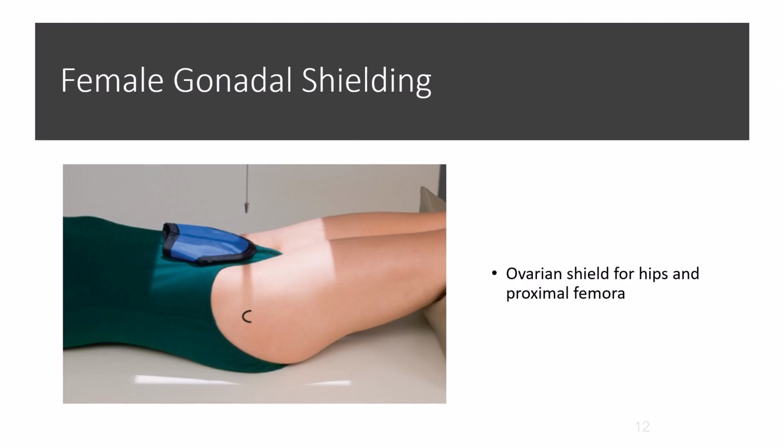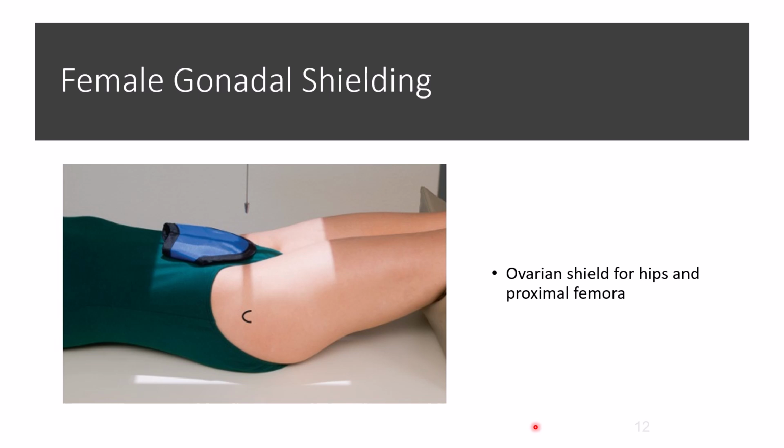This female gonadal shielding is referencing figure 7.34, even though the picture is different. So this is strictly an ovarian shield for when you are imaging hips and the proximal femur, but technically this is going to obscure anatomy, so it does not mean that it's ideal to be used.